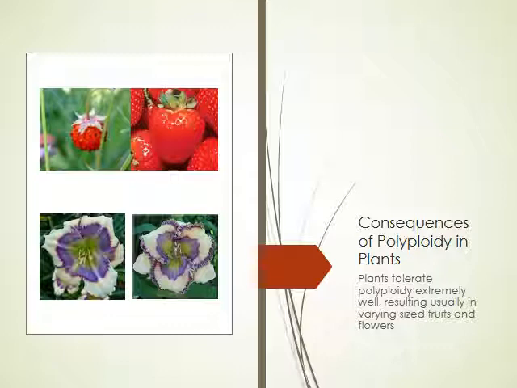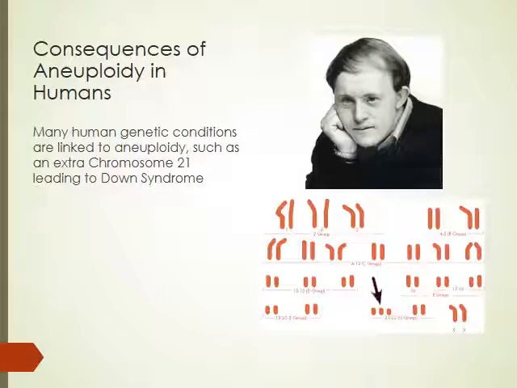So this polyploidy works really well in plants, not so much in animals. As far as aneuploidy goes, we can tolerate aneuploidy. One too many or one too few chromosomes, as long as it's in the much smaller chromosomes. A lot of genetic conditions come from this, but some other ones can come from just missing a piece or having too many proteins.